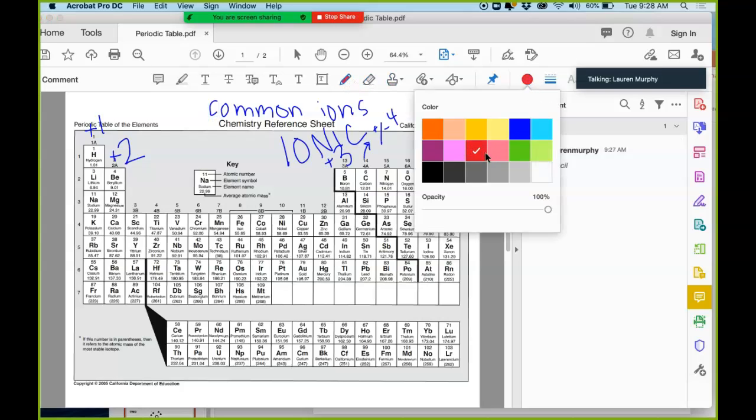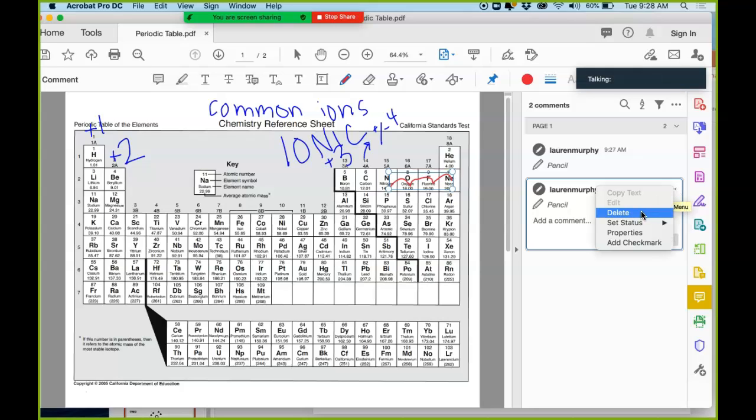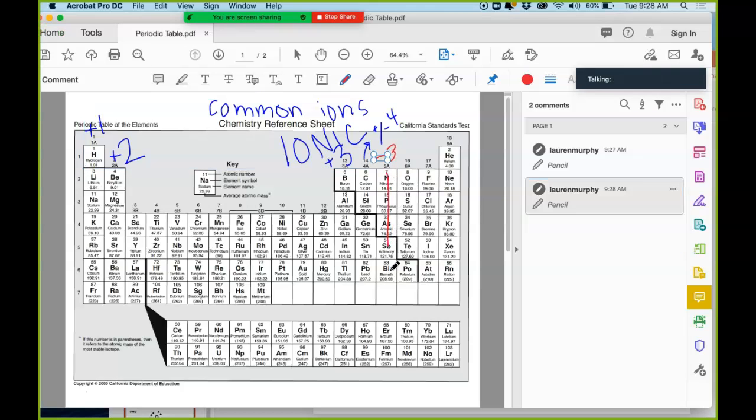So it has 2 options. It can lose 5 and go backwards 1, 2, 3, 4, 5, or it can gain 1, 2, 3. What do you think is less work? Well, gaining 3 is easier than losing 5. So if you gain 3 electrons, this whole family is going to be minus 3.